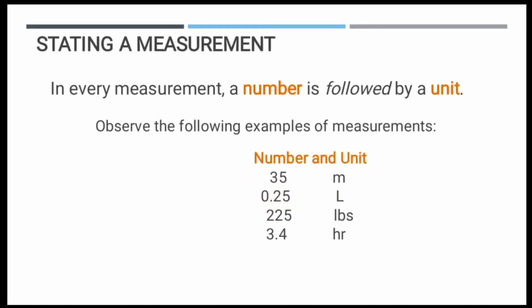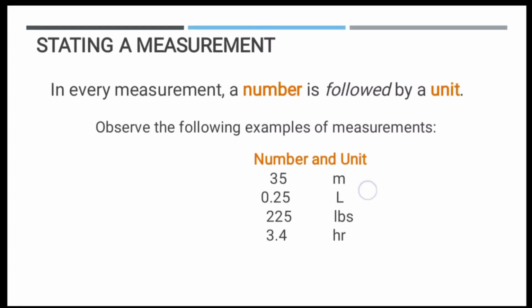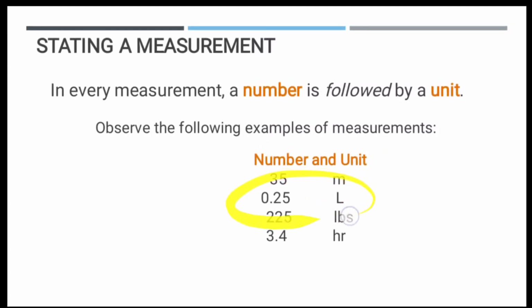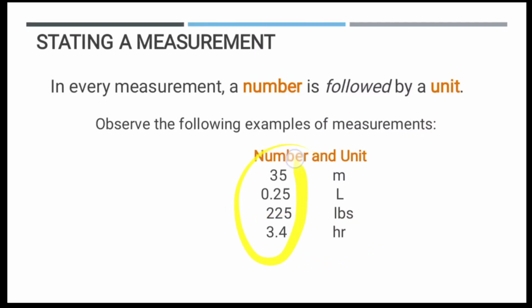As you can see, number, then after that is the unit. The next one is 0.25 liter. The third one is 225 pounds or lbs. The fourth one is 3.4 hours. Okay, so we have the number and its unit.